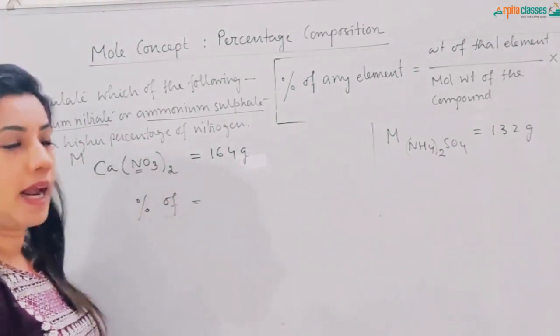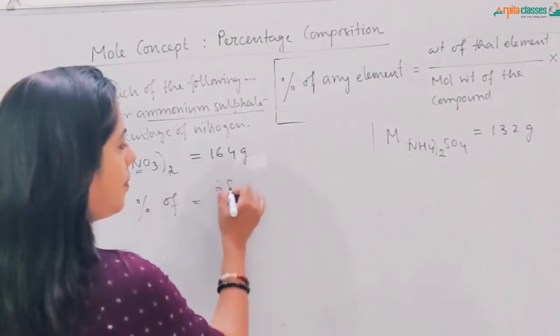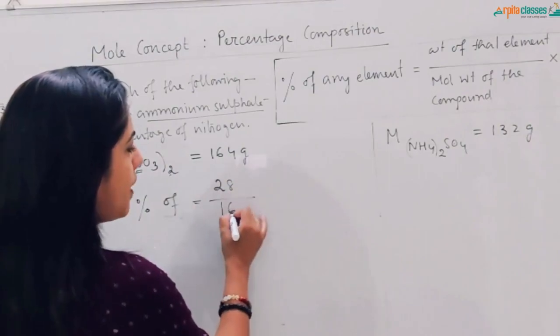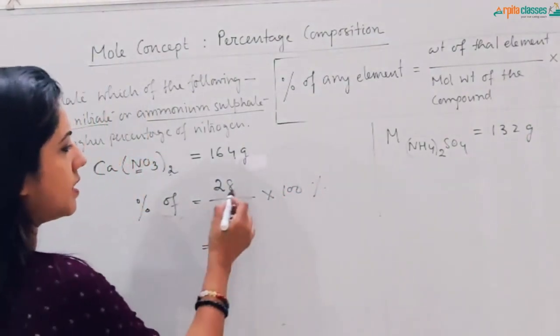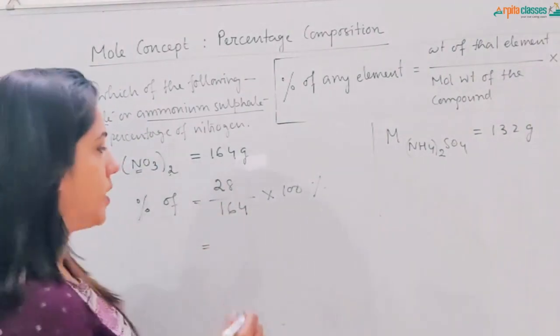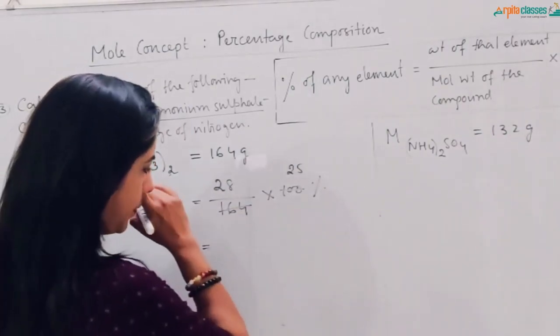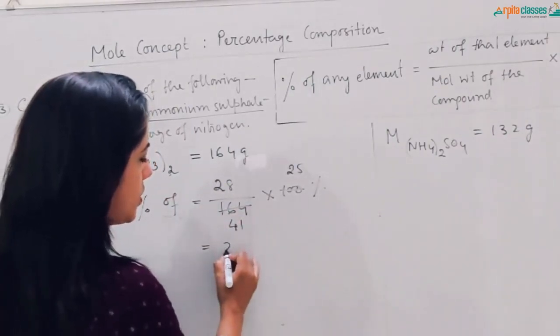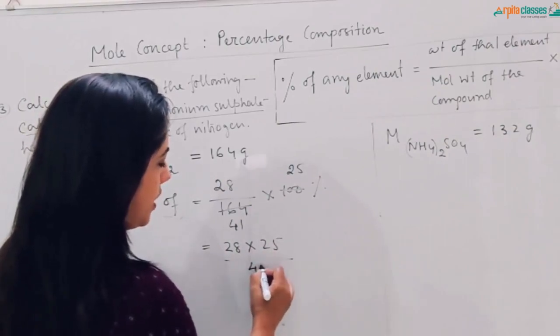Nitrogen is 2, N2, that is 14 into 2, that is 28 gram of nitrogen is here out of 164 into 100%. So when you calculate this, let us first reduce it into the lowest term. This 425 and this is 441. So it's 28 into 25 upon 41.